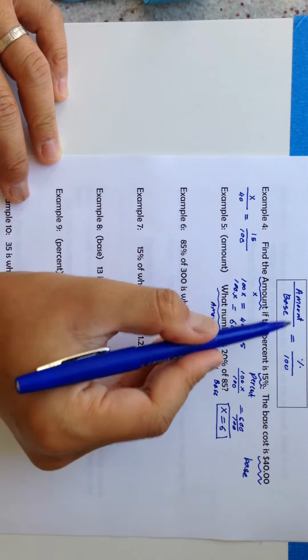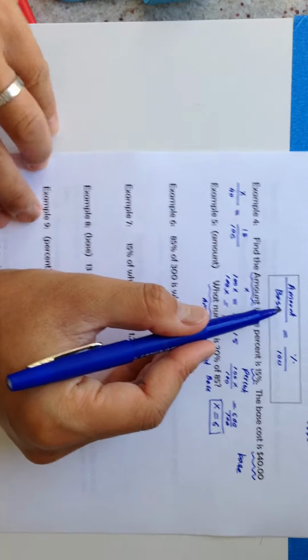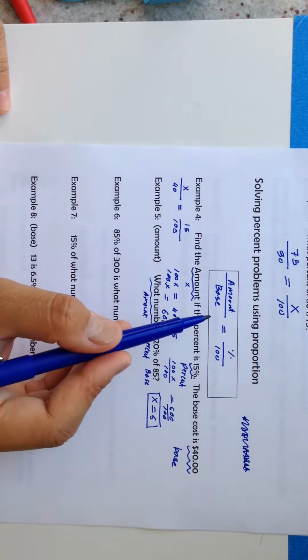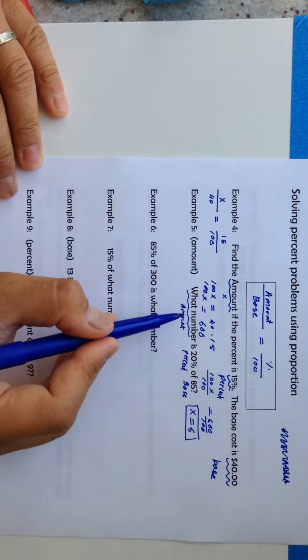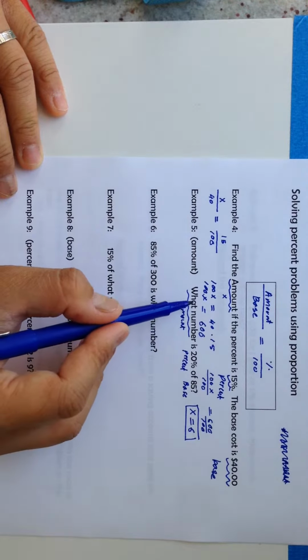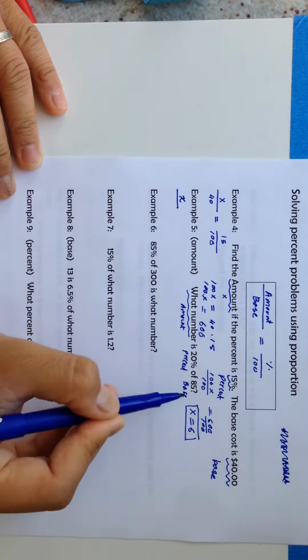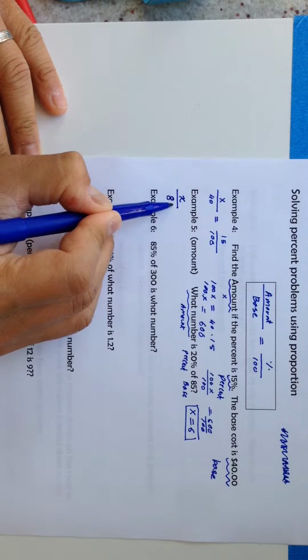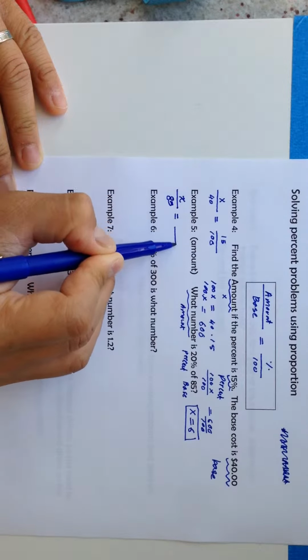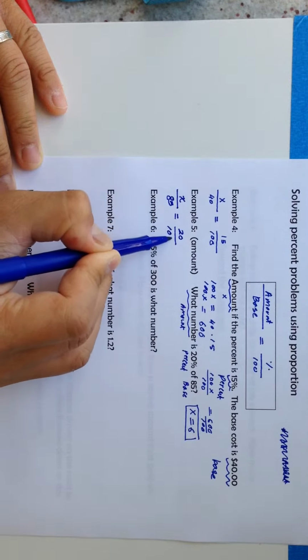Using this proportion, I don't know what the amount is, so I'm going to use the letter X. Amount over base: 85 equals 20% over 100.